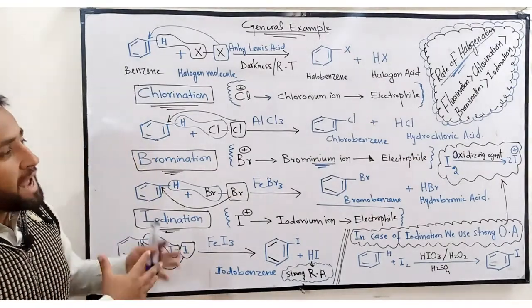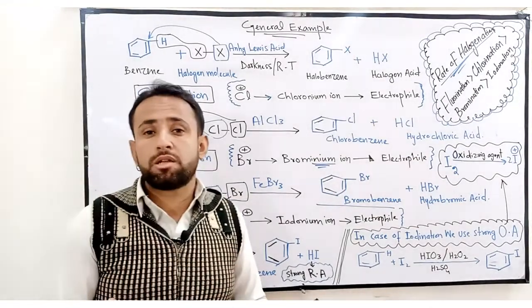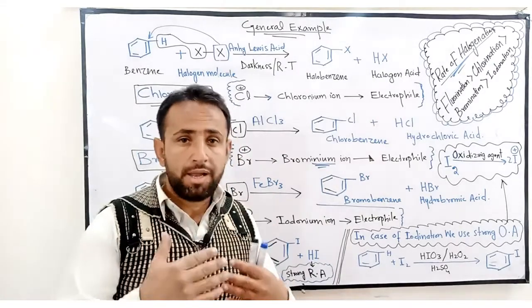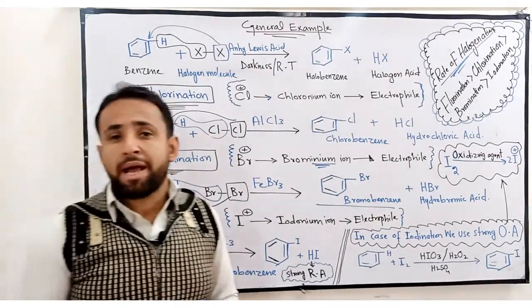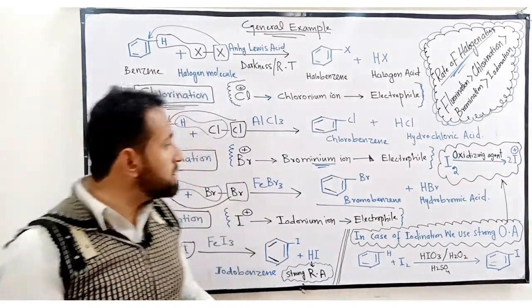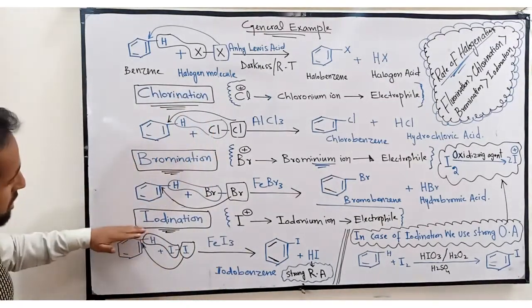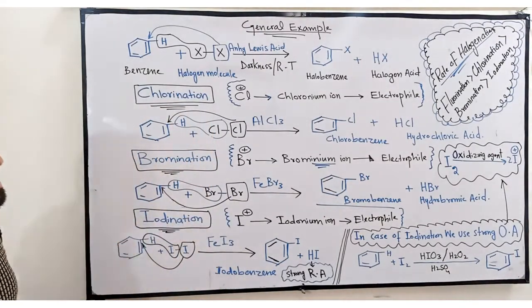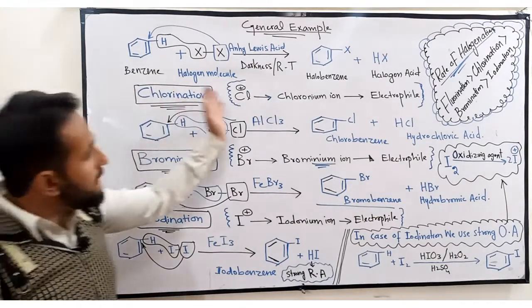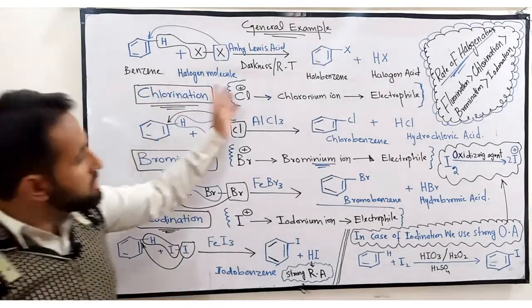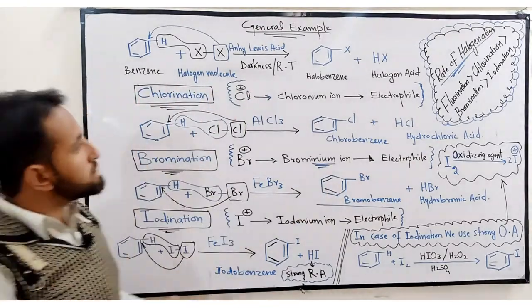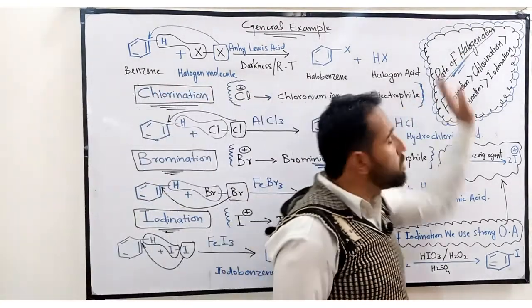If I explain it here, the lecture will become more lengthy, so I cannot explain this. Inshallah, I will make another separate video related to iodination. So understand these points. I hope you have understood all of these points, and now we will explain the rate of halogenation.